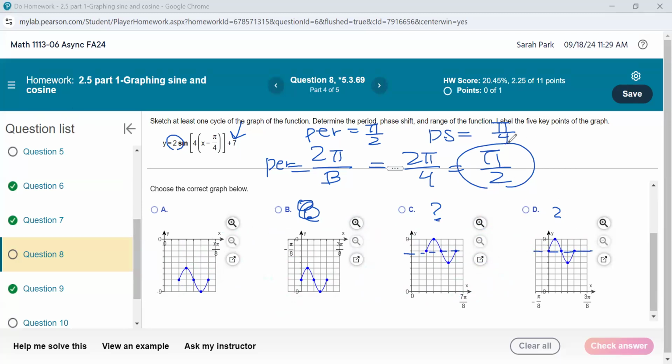But because of our phase shift, right, the first value needs to be at pi over 4, and this one, the phase shift didn't move, it's at 0. We have to go with this one because this one shifted pi over 4. I know it can't be D because it didn't shift at all, so we're gonna go with C.